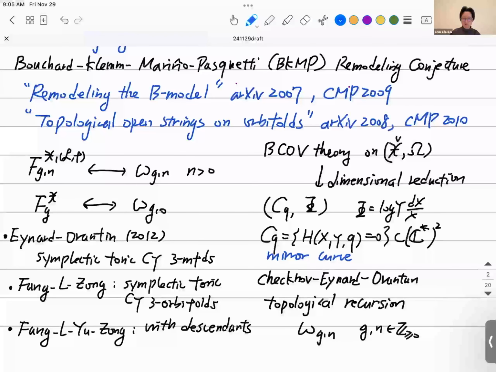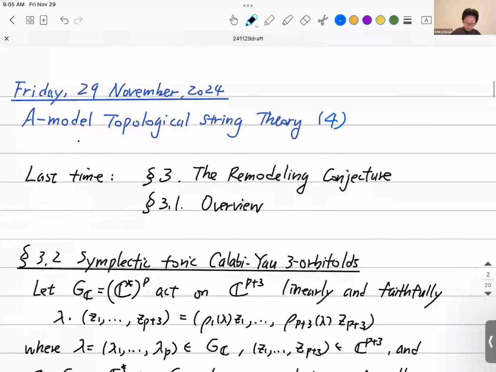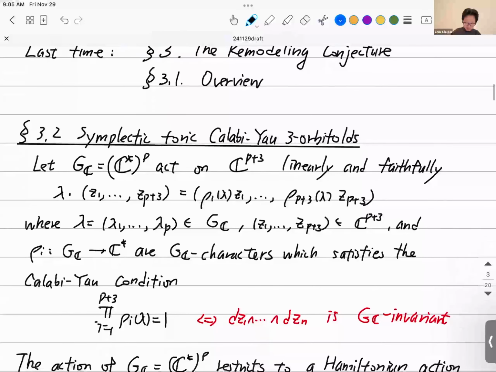And on the mirror curve, the higher genus B model is mathematically defined by the Chekhov-Eynard-Orantin topological recursion. Today we will provide details of this statement and outline the proof.